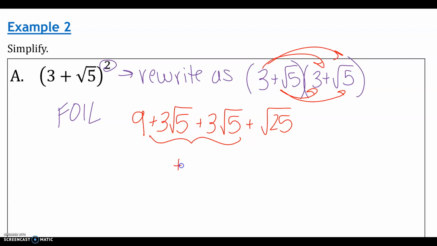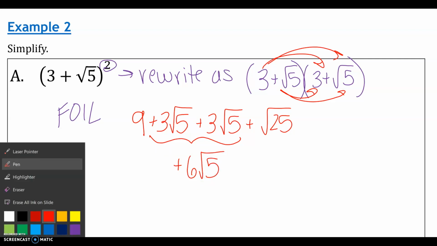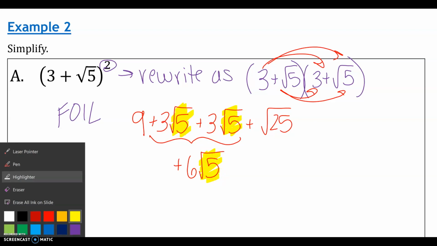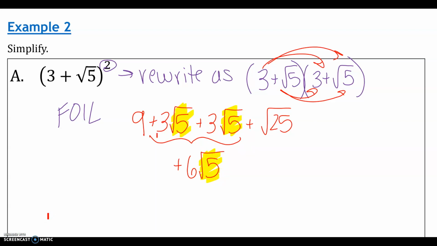So you are allowed, if you remember from another lesson I taught you, to combine because you have the same radicand. So this radical 5 stays the same, and you're only adding the 3 and the 3 to get your 6. Bring down your 9. This becomes a 5. Keep simplifying. 14 plus 6 radical 5.